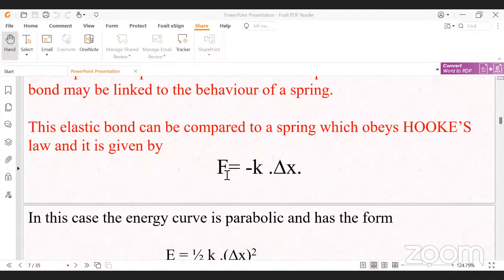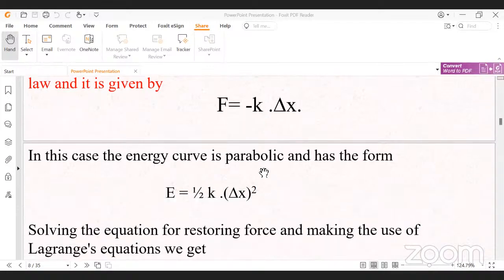Hooke's law is F equals minus k delta x, where F is the restoring force, k is the force constant, and delta x is the distance between the equilibrium and the internuclear distance. In this case, the energy curve is parabolic and has the form E equals 1 by 2 k delta x squared.